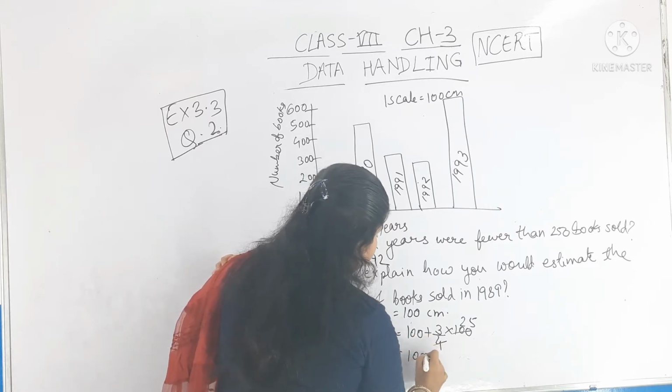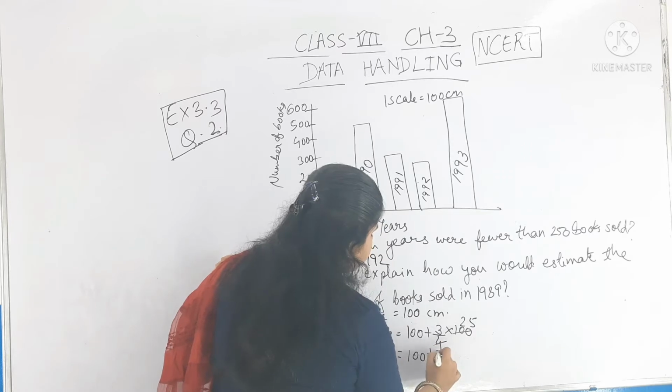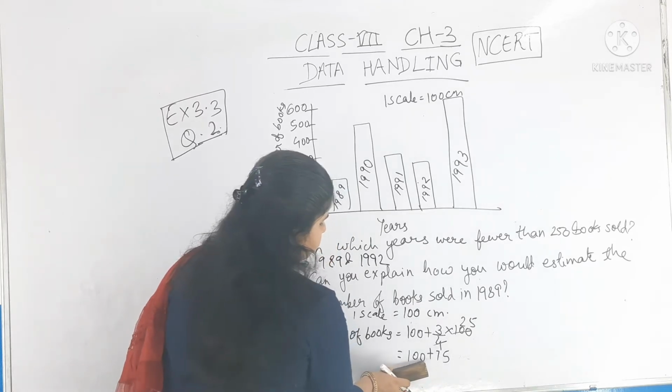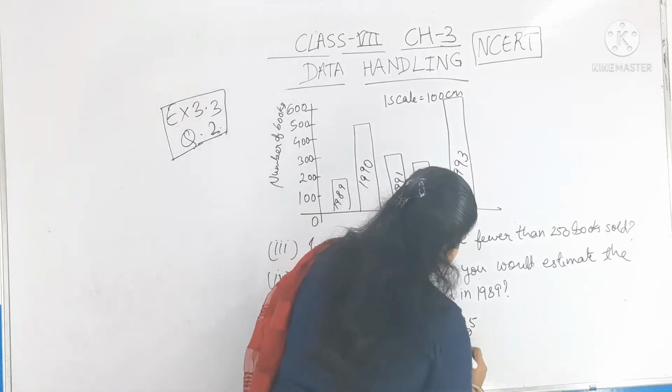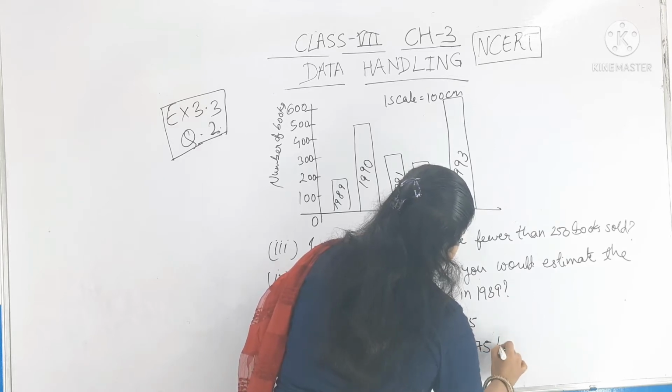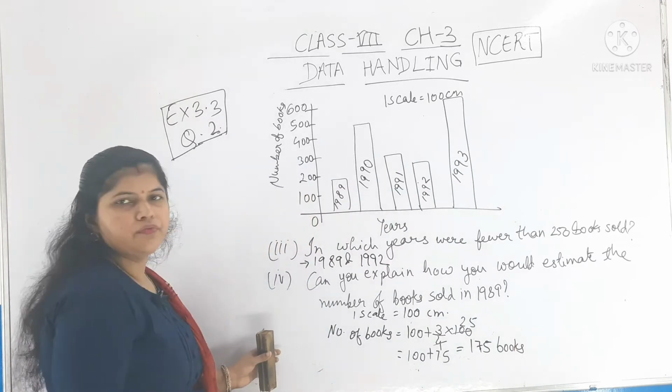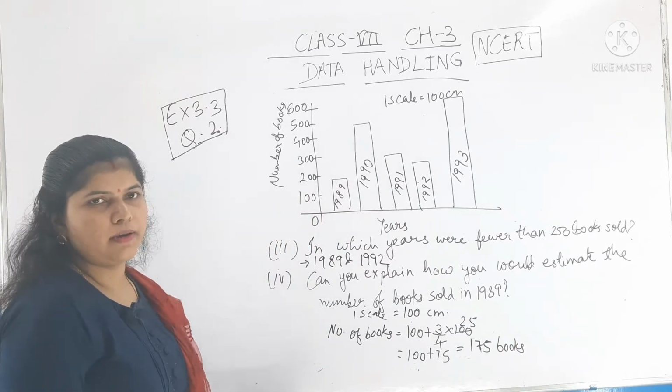So 100 plus 25 times 3 is 75. So I am getting 175 books, right? So this is the solution for question number 2, third and fourth part.